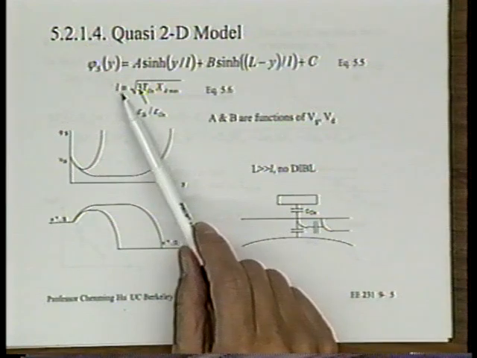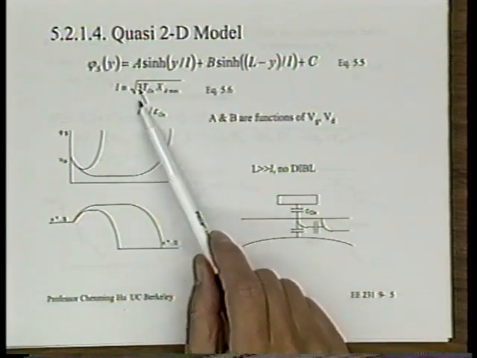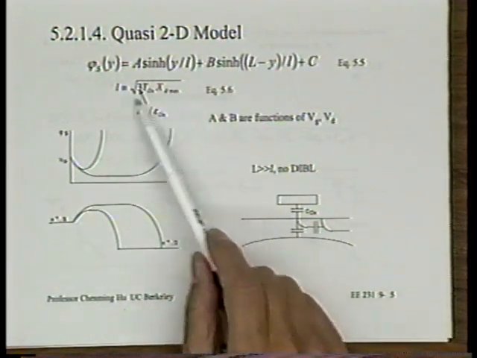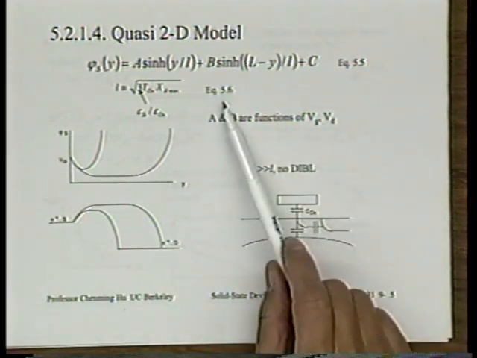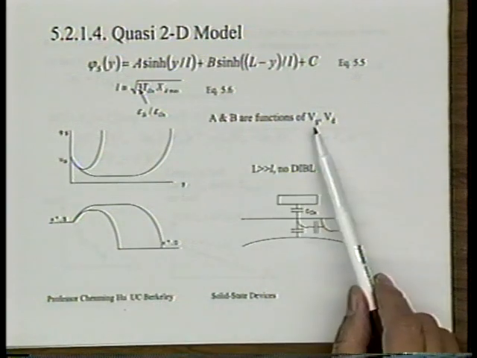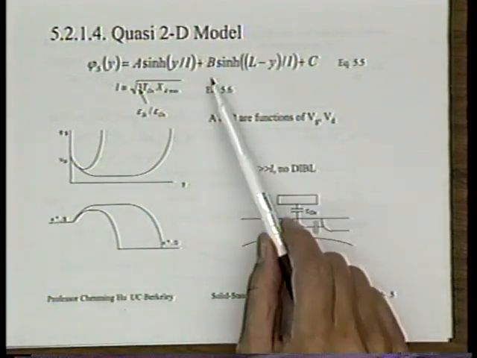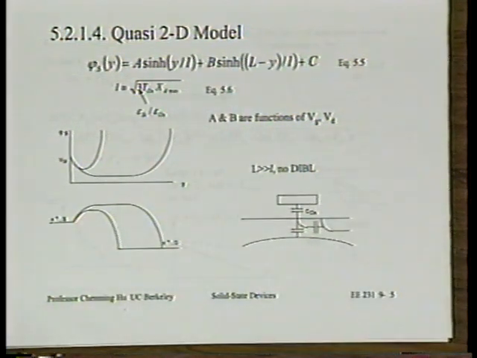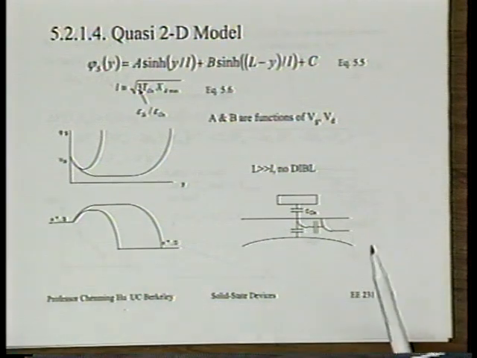And this characteristic length or decay length L is equal to 3 Tox xd max. So no news here so far. That's from the last slide. A and B are functions of VG and VD. We're not writing them down because they're very long. You can imagine that they're functions of VG and VD, right?